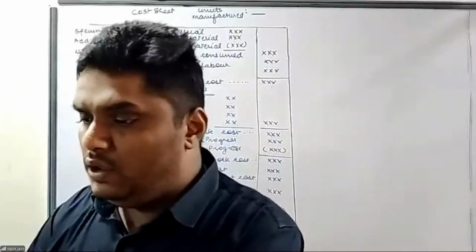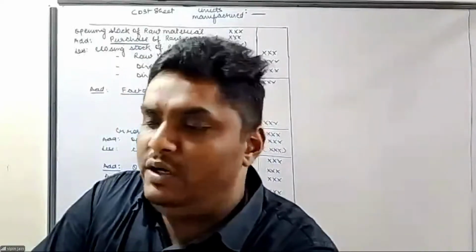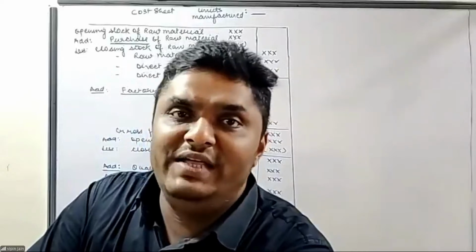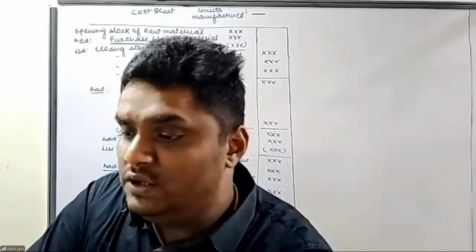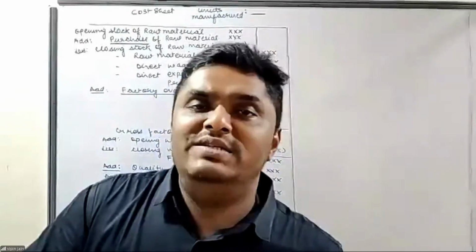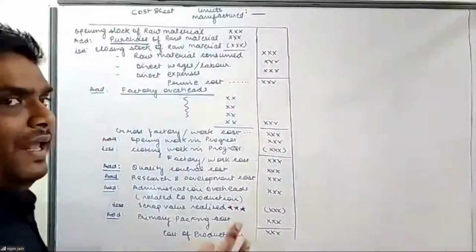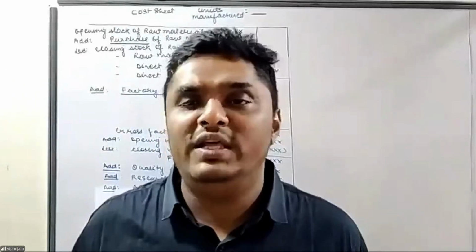So Sai Kiran Kumar, don't worry, have some patience. I'll be discussing this part. I think I'm not taking joint and byproduct this time. So my colleague faculty will be discussing joint and byproduct in detail. Don't worry. But as of now, from cost sheet point of view, the amount realized on sale of byproduct will be deducted while calculating cost of production. This is the thumb rule. This much only you have to remember.